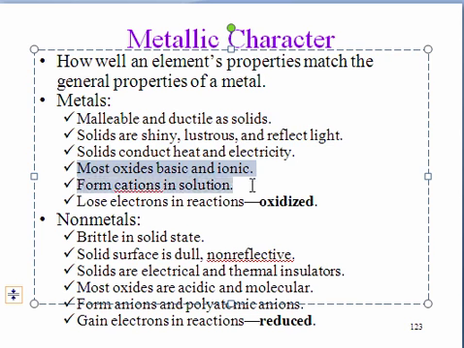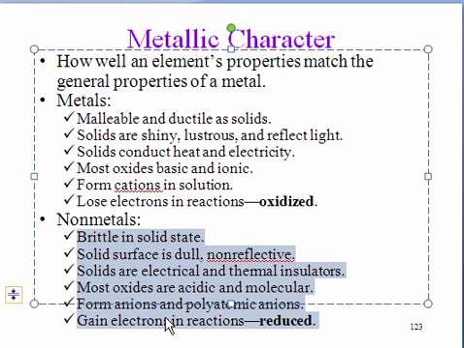They always form cations. They lose electrons when they react. They always get oxidized. Nonmetals are brittle in the solid state, non-reflective, insulators. Their oxides are acidic. They form anions and polyatomic anions, and when they react, they either share electrons or gain electrons.